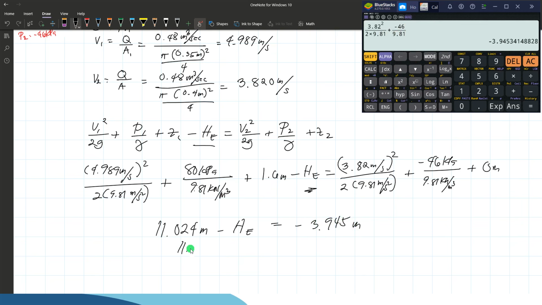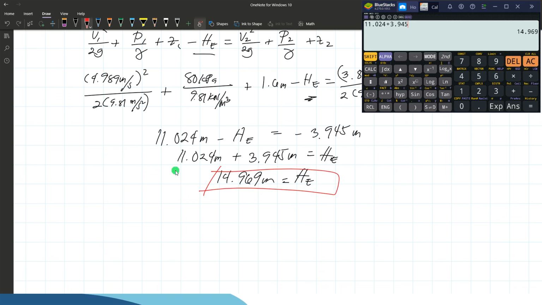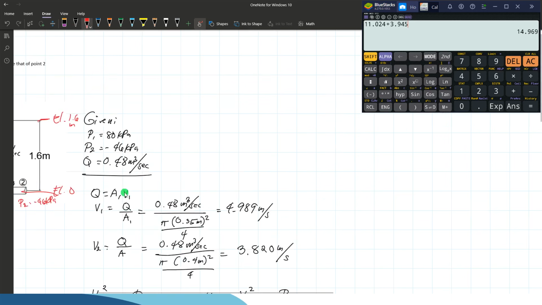So 11.024 meters plus 3.945 is the head of the turbine. The answer is 14.969 meters, head of the turbine. That's the answer for A.